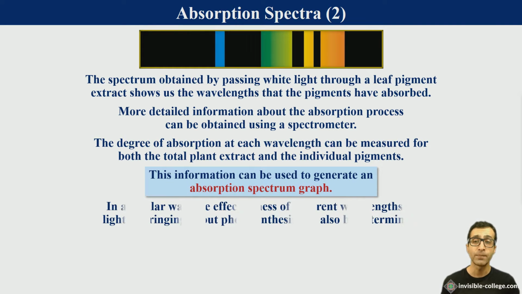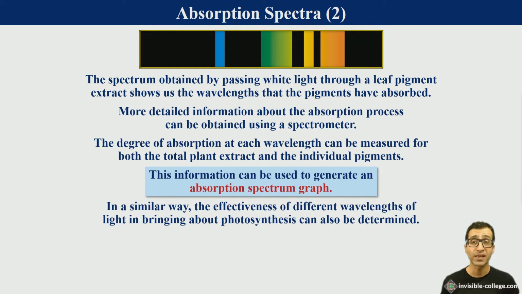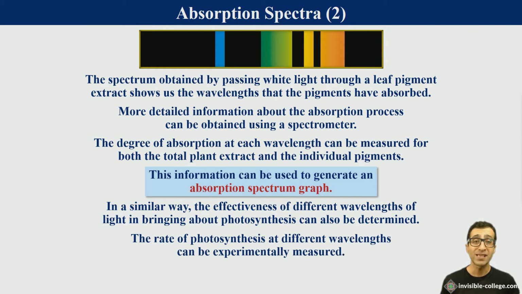In a similar way, the effectiveness of different wavelengths of light in bringing about photosynthesis can also be experimentally measured. The rate of photosynthesis at different wavelengths can be measured so that we can find which wavelengths of light are absorbed by the plant in order to capture the energy carried by those electromagnetic waves and use it for photosynthesis.